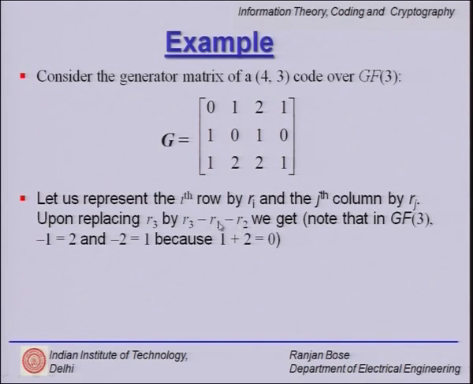So, 2R1 means multiplying row 1 by a scalar 2, and then again taking row 2, multiplying it with another scalar which is 2 and adding them up. So, addition of rows is permitted, you still end up with an equivalent code. We do that, and if you do that basic operation, you get the first 2 rows untouched because I have only replaced R3.